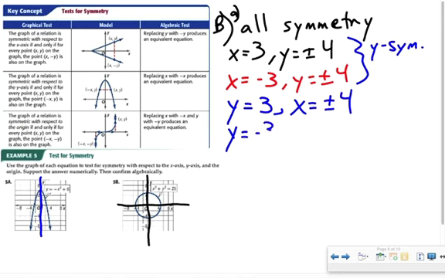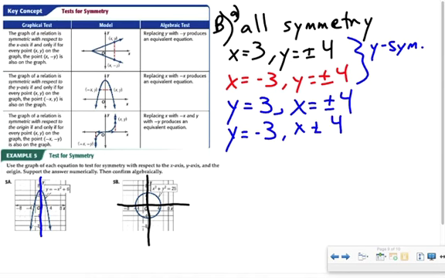And if I plug in negative 3, and this is truly symmetrical over the x-axis, then x will equal positive and negative 4 again. So negative 3 squared is 9, 25 minus 9 is 16. Square root of x squared equals 16 means that x equals, sure enough, positive or negative 4.